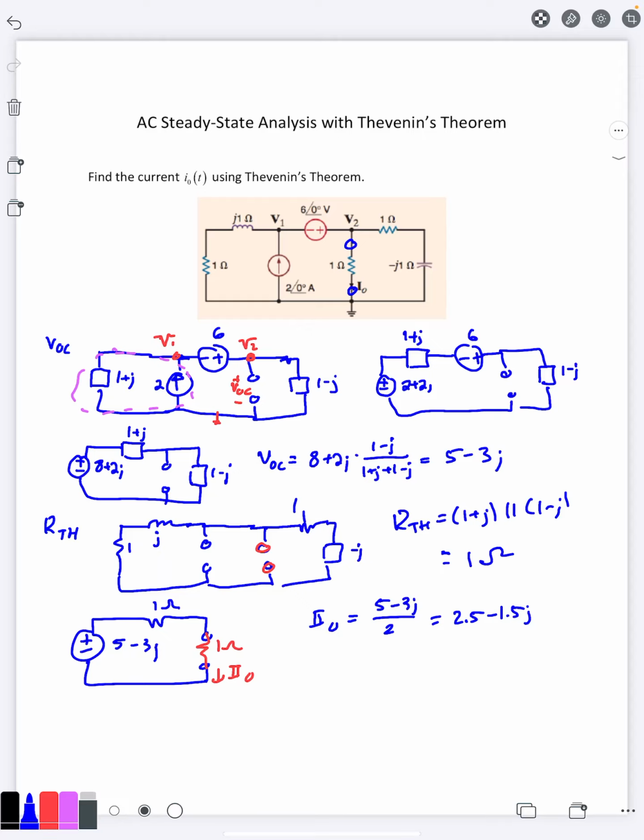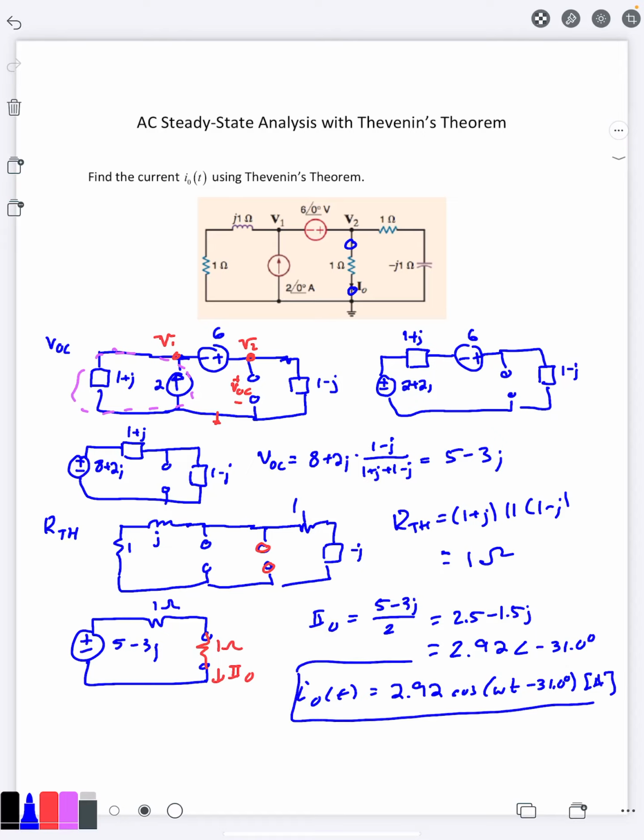Convert that into polar. Get the 2.92 angle negative 31.0. That means my I0 of t, same thing we got before, 2.92 cosine omega t minus 31.0 in terms of amps.